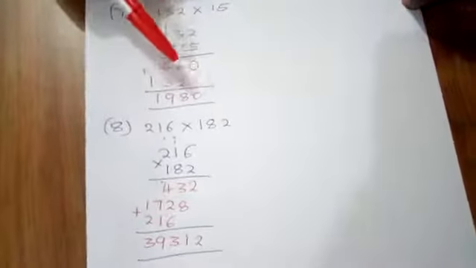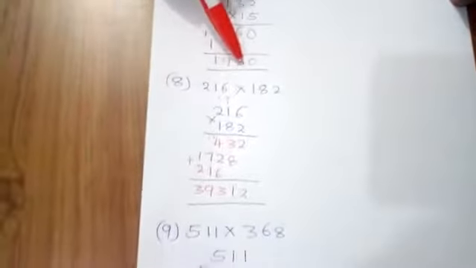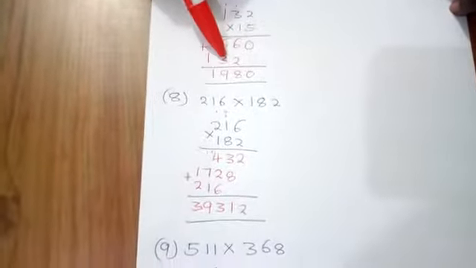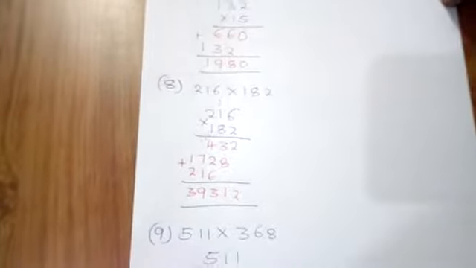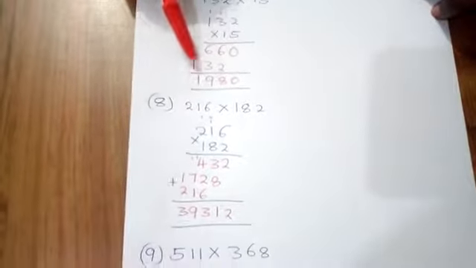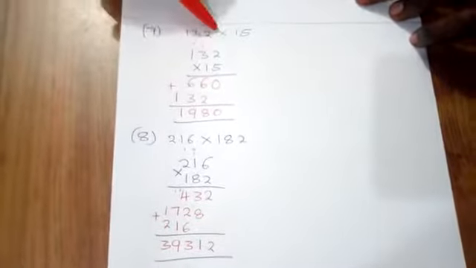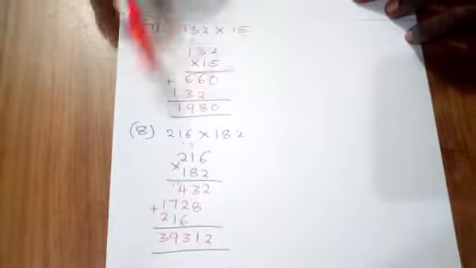So always we start from the right hand side. We have 0 plus 0, which is 0. 6 plus 2 will give us 8. Then we have 6 plus 3, which will give us 9. Then lastly we have 0 plus 1, which is going to give us 1. So our answer for 132 times 15 is 1980.